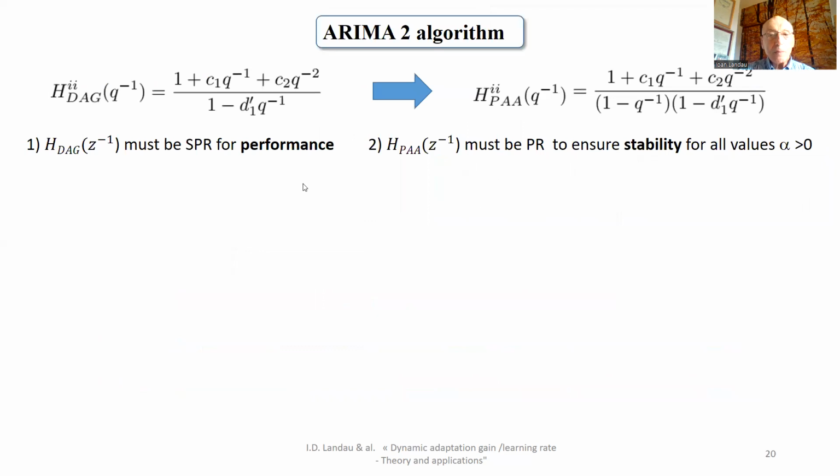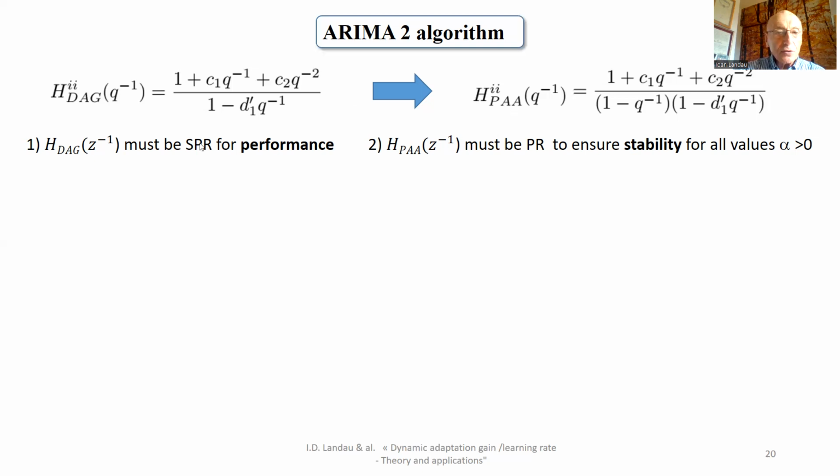Now, let's look at a particularization of this dynamic adaptation gain, which we'll call Arima 2, where the order of the dynamic adaptation gain has been limited to 2 for the numerator and 1 for the denominator. Associated to this, we have the embedded adaptation filter, which will be a second-order polynomial at the numerator, and of course, a particular second-order polynomial at the denominator.